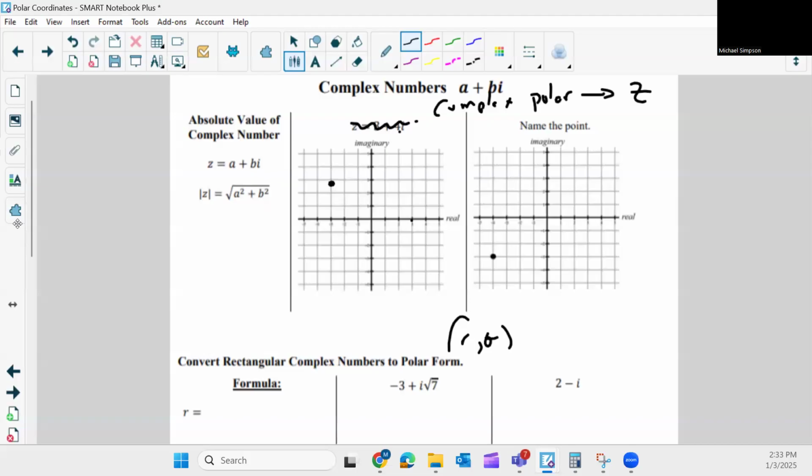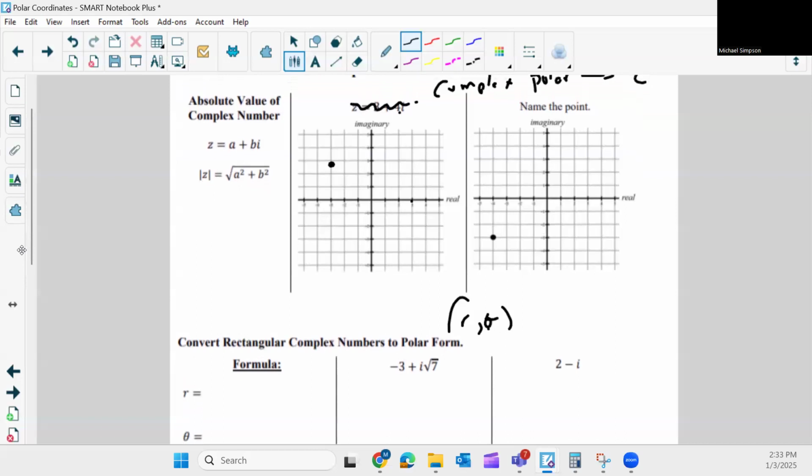All right. So again, you go from complex number to polar form. First, you must find your R and theta, and it's very similar to what we did with real numbers. So let's find our R value now. Our R value is this distance right here, and that's just the magnitude of z.